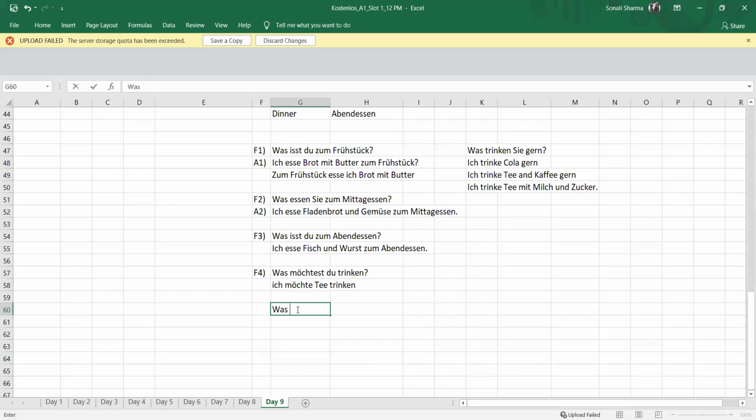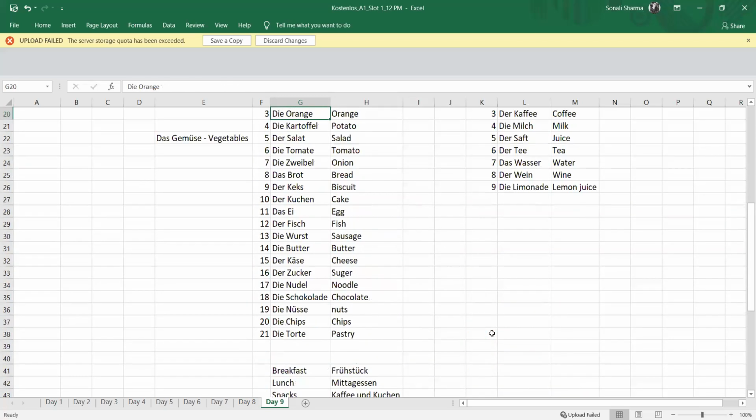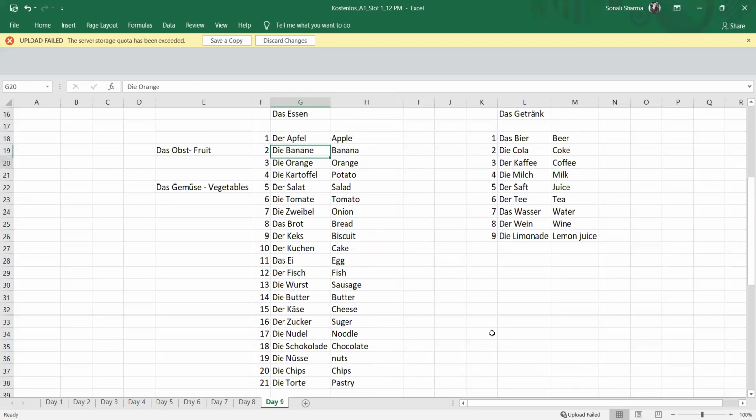If I quickly add another example, was möchtest du essen? What would you like to eat? What would you like to have or eat? Anything. If I say I would like to eat, let's check what I have told you.